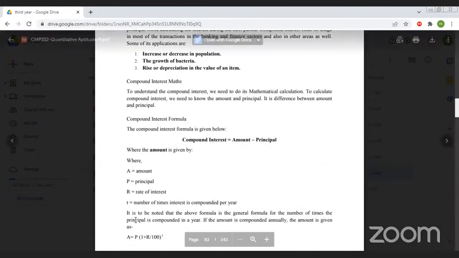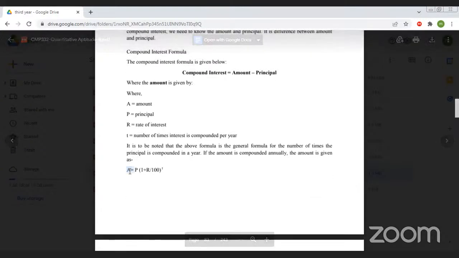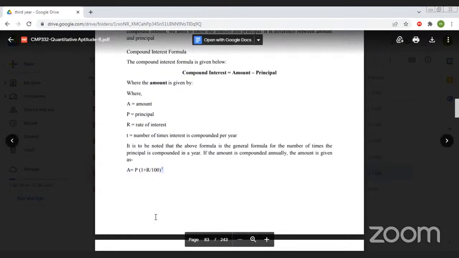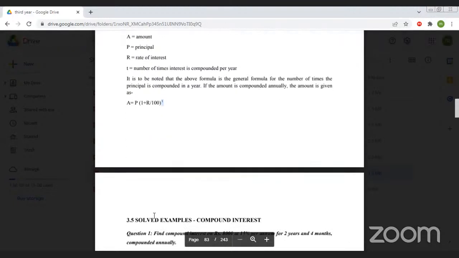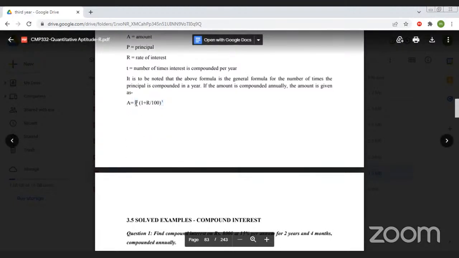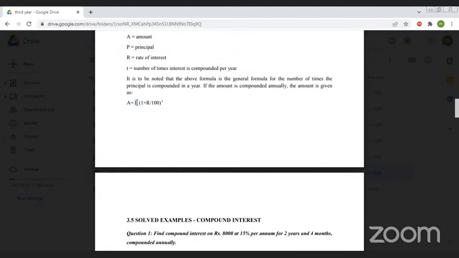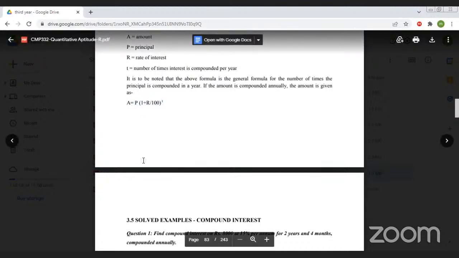The formula for this is the amount A equals P into 1 plus R upon 100 raised to the power T. Here T is the number of years, P becomes the principal amount, R becomes the rate of interest, and A is the amount.